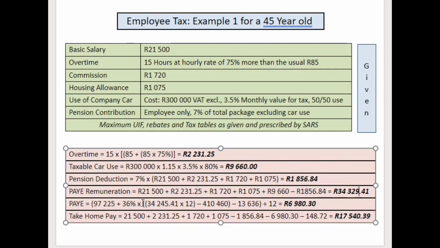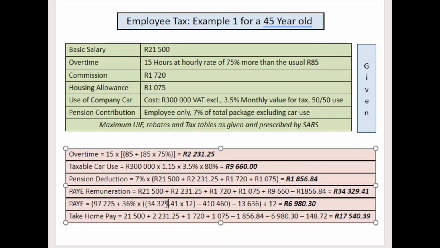Okay. Now, if we were to look in our tax table, and sorry, I must change this everywhere now, 329. We would have seen that in the tax bracket, and I'm going to do that with you when we go through the example, this guy is falling in this 36% tax bracket. But that 36% is not payable on his full salary. It's payable on a certain portion of his salary.